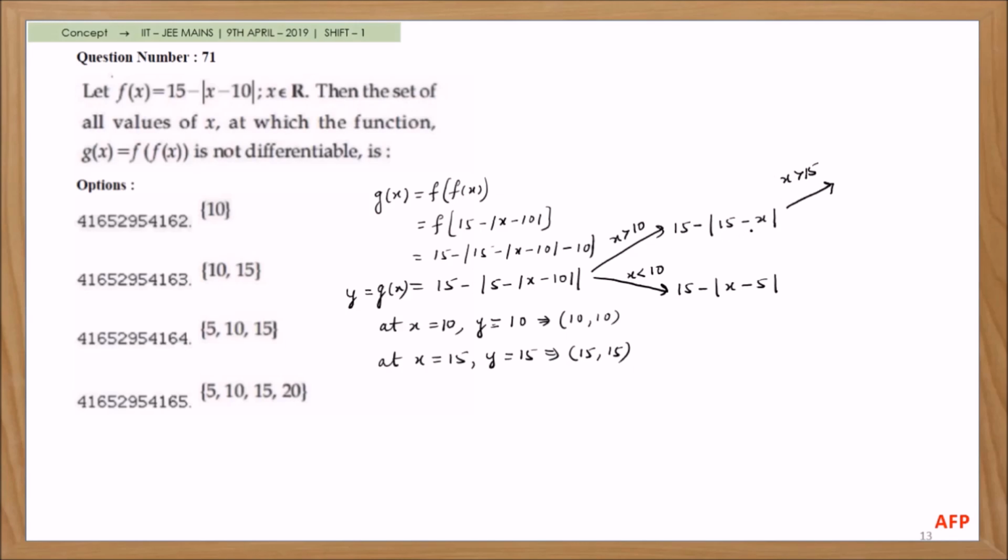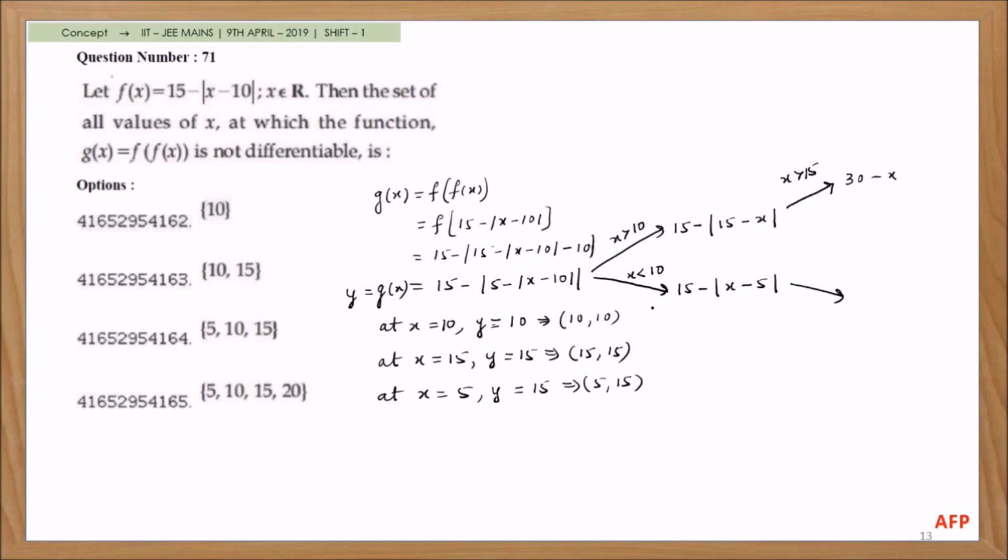If x is more than 15, this equation will be reversed, so 30 minus x you are going to get. Okay, here it is. If x is equal to 5, then y is 15 you are going to get, so (5, 15), the third point you got.